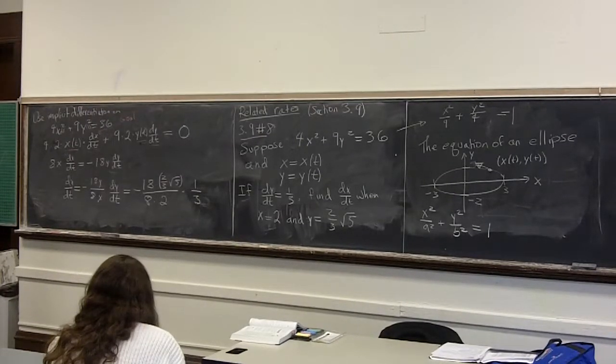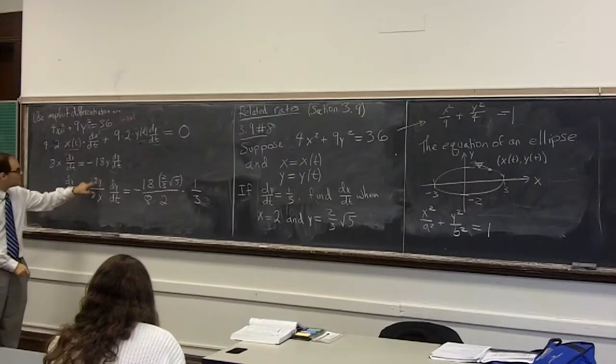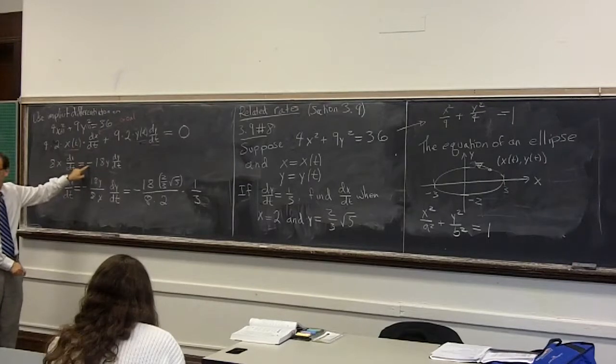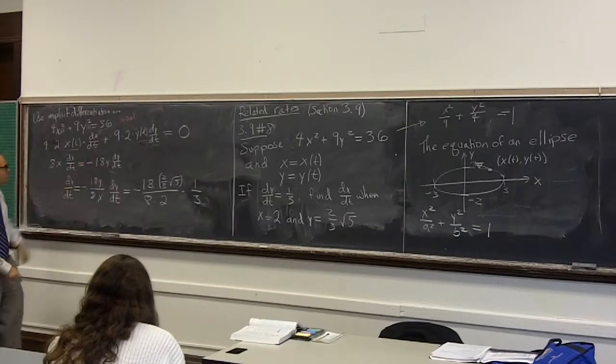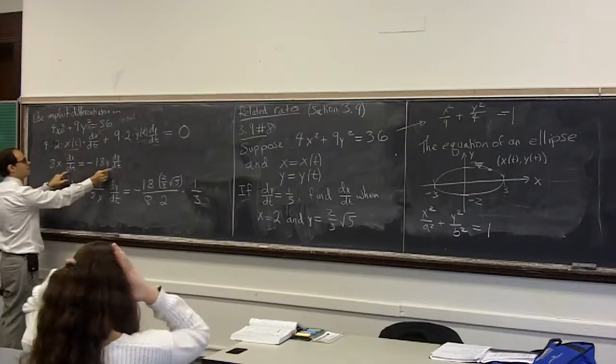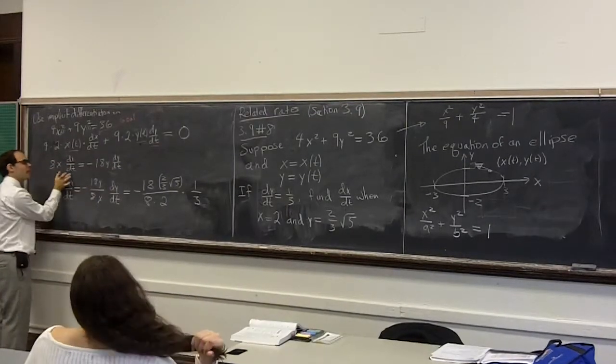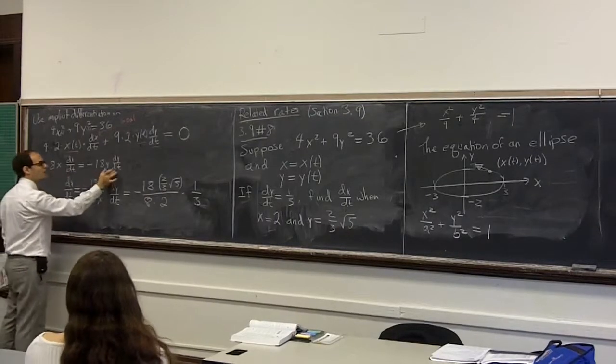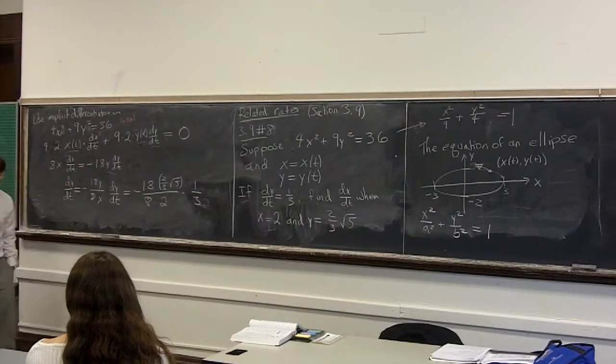Yes, sir. And that's why the 18y. That's why it's negative. Yes, absolutely. In fact, what this equation is saying is that the product of x and dx dt and the product of y and dy dt are opposite signs.